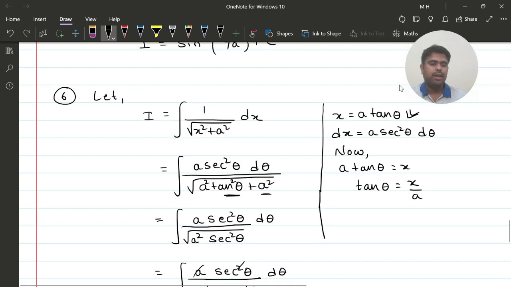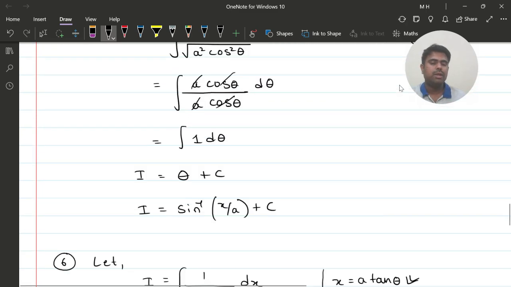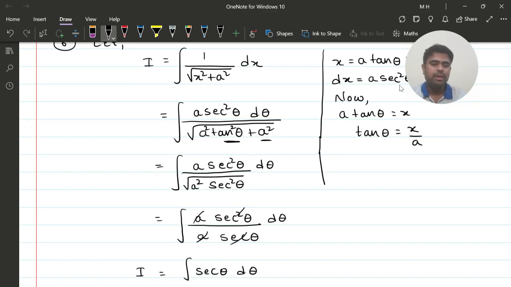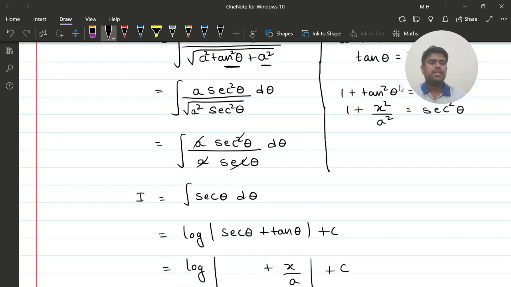What will be sec theta? I know the relation between tan theta and sec theta: 1 plus tan square theta is sec square theta. So 1 plus tan square theta would be x square by a square, equal to sec square theta. Taking LCM, I will get a square plus x square divided by a square equal to sec square theta.